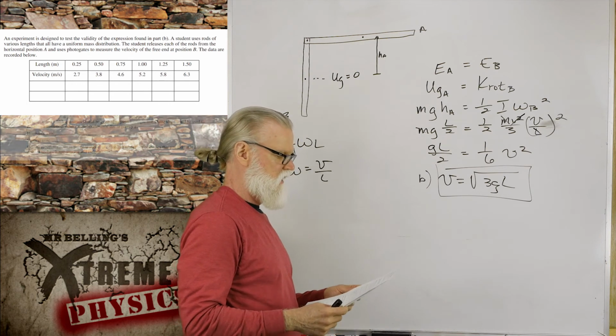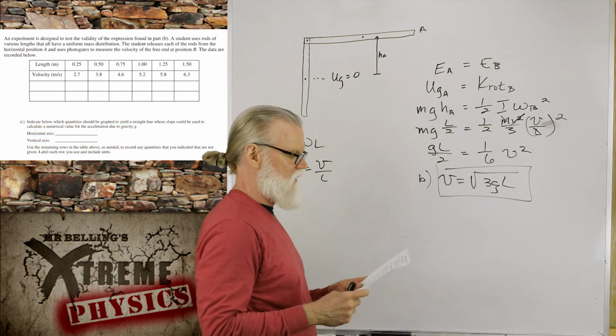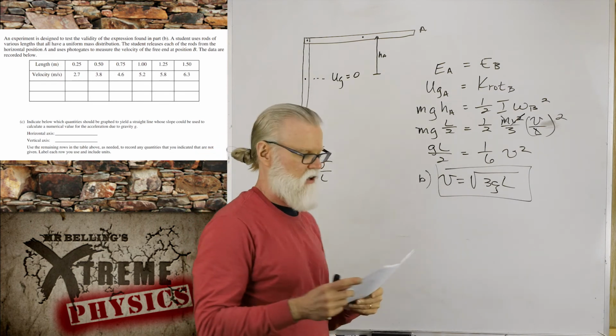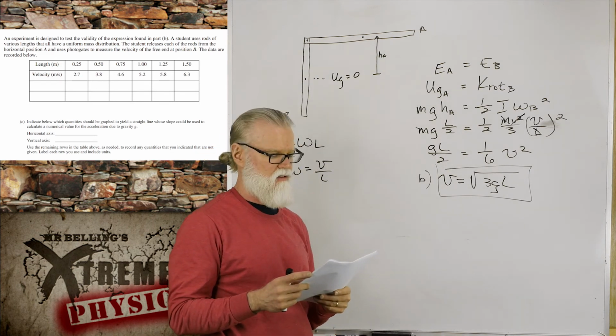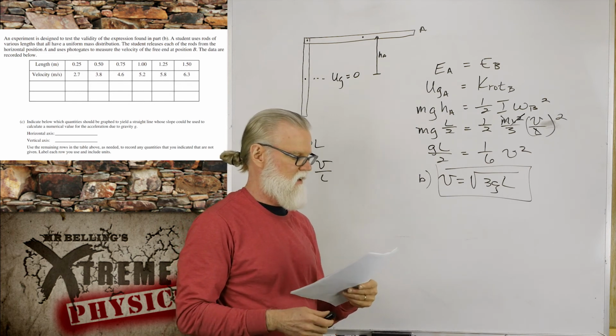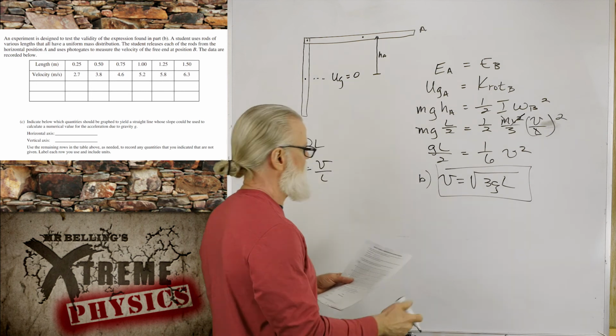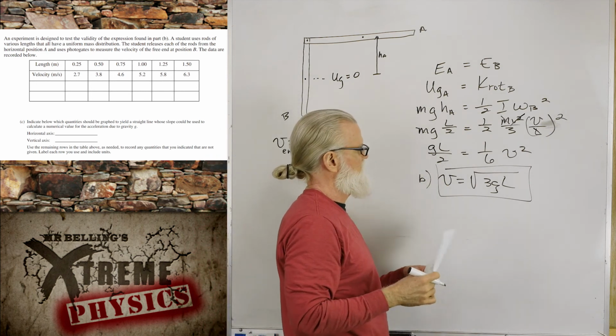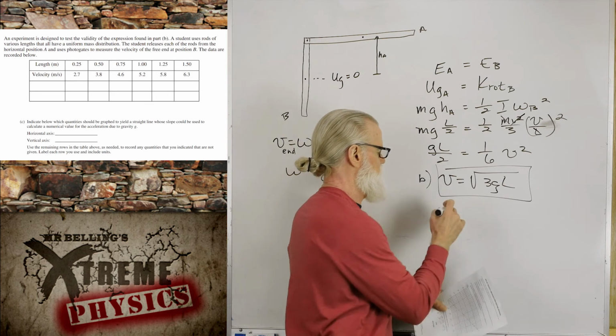And it says, indicate below which quantities should be graphed to yield a straight line whose slope could be used to calculate the numerical value for the acceleration due to gravity g. What are you going to put on the horizontal axis? What are you going to put on the vertical? All right, so I got this. Well, you can do it a couple ways. I think what I would do is go back to this.